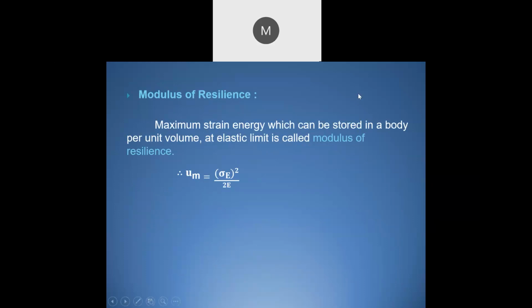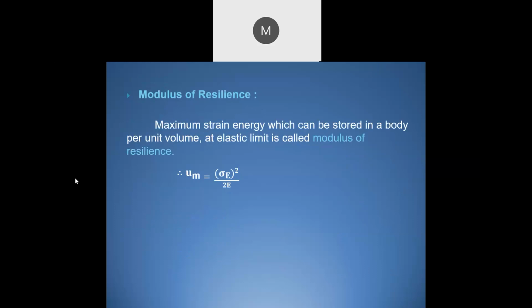So here, for strain energy it was sigma square V by 2E, right? So it was this resilience.